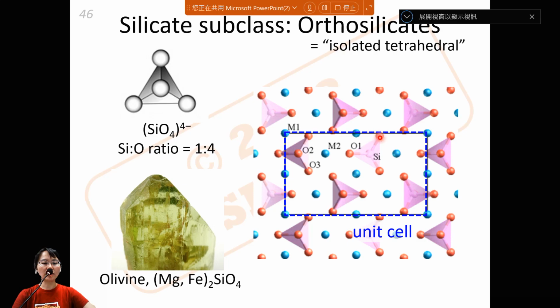Because this tetrahedron is facing towards the interior of the screen, while this one is facing outward. Therefore, this one cannot be the repetitive unit of this one. So you have to look till the next one where you see, this one is the same, facing out of the screen. So this one and this one, they are repetitive. And the same in this direction. And you need to keep in mind that it's three-dimensional. So it's not that straightforward to view in the plane.